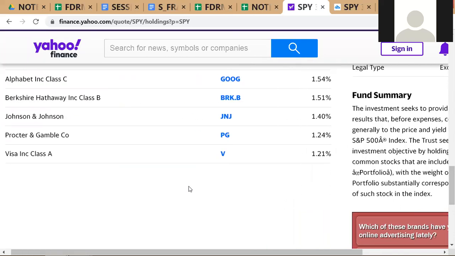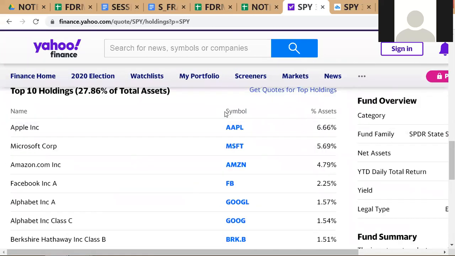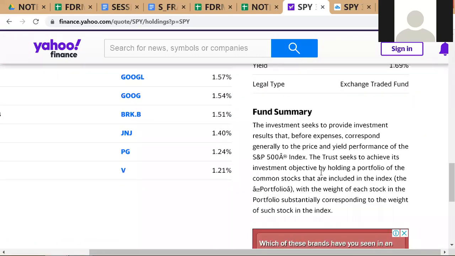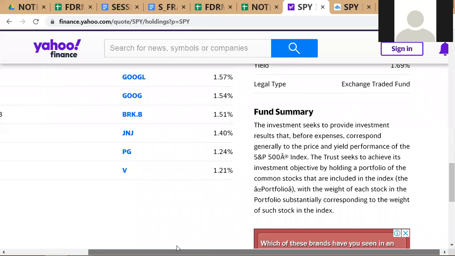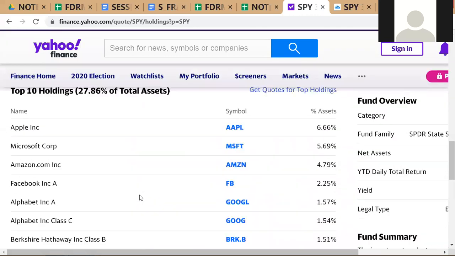So in terms of what they actually hold here, this is just a means to achieve that goal. They have to always keep the goal in mind, and so the goal is to always mimic the S&P 500 index. The index will also change in composition in terms of the relative weights of the stocks. These guys don't rebalance every day actually, unless there's a dramatic movement.